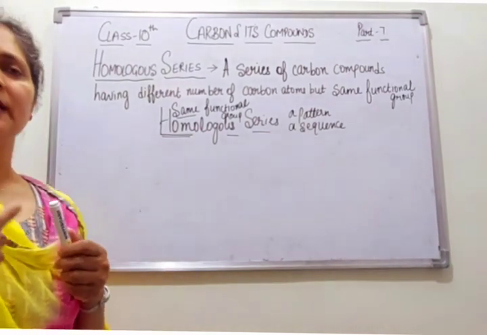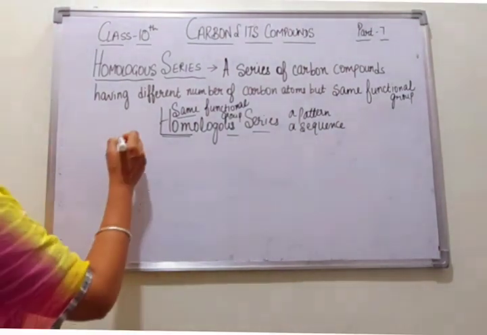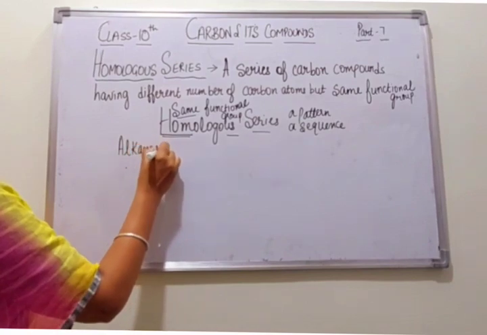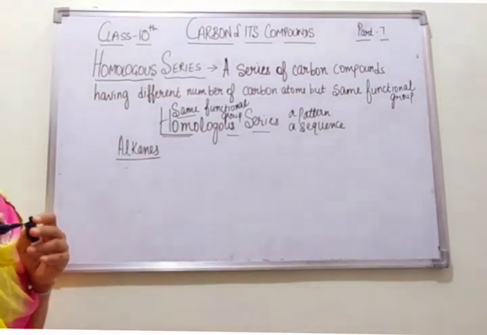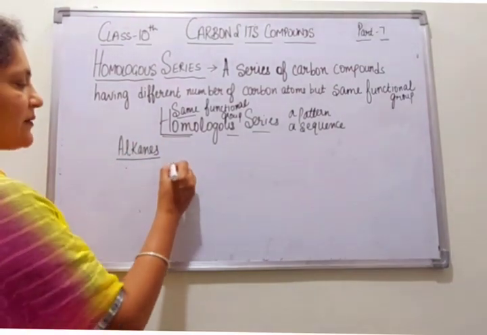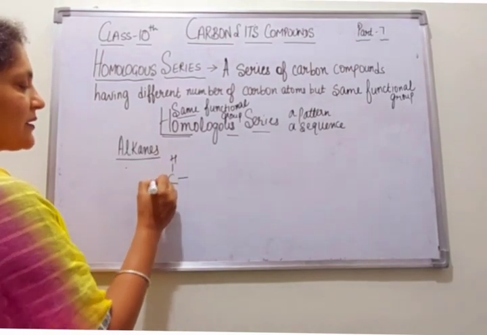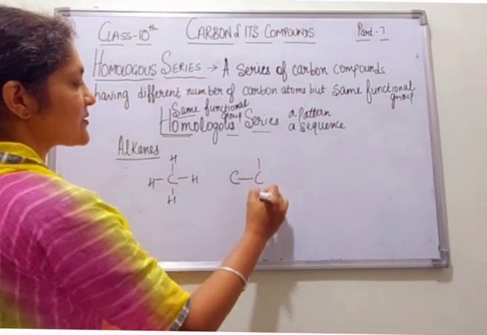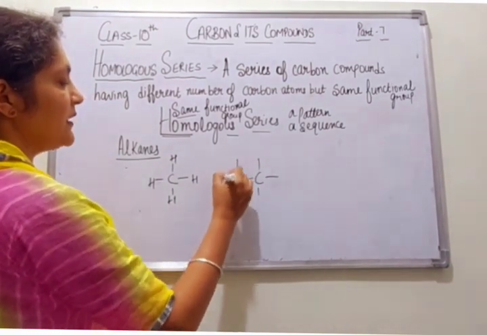First of all, we will take a single group, that of the alkanes. Alkanes, we will form the structure of methane. It is methane. Then we can make the structure of ethane.